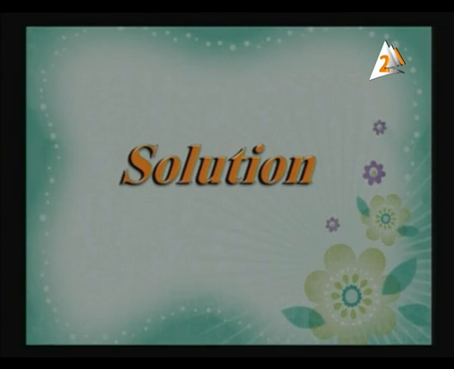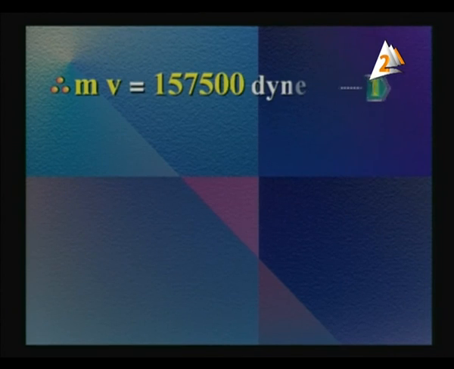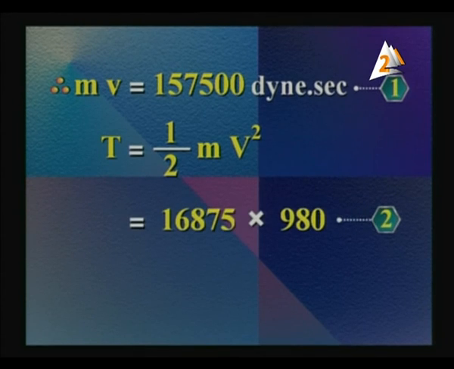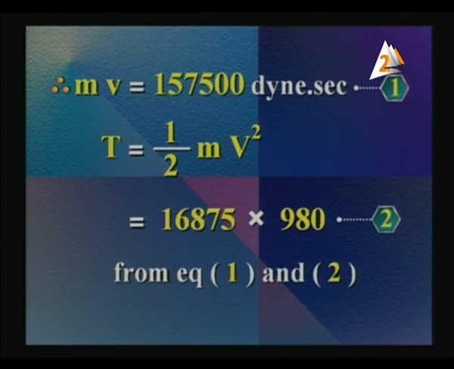As solution, we say that since the momentum mv equal 157,500 as first equation, and the kinetic energy T equal half mv square, which is equal to 16,875 times 980 as second equation.